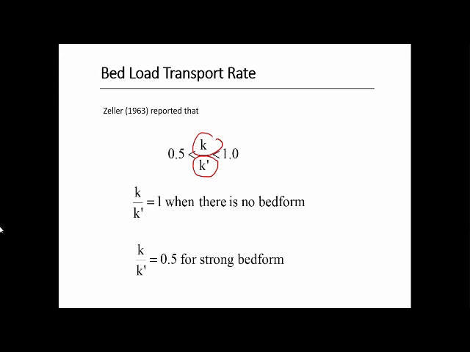Okay, so dia buat eksperimen, dia dapat tahu the ratio of this roughness is actually between 0.5 and 1. So dia kata kalau K over K prime is equal to 1, then there will be no bed form. Okay, so tak ada bed form. Bukan tak ada bed form sebenarnya.